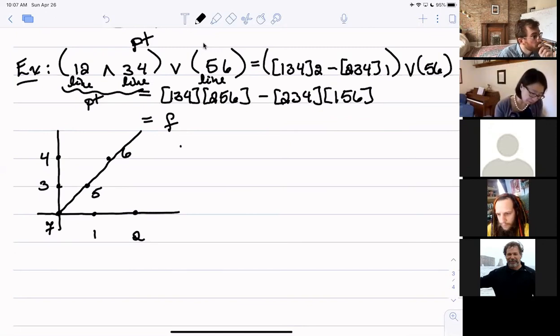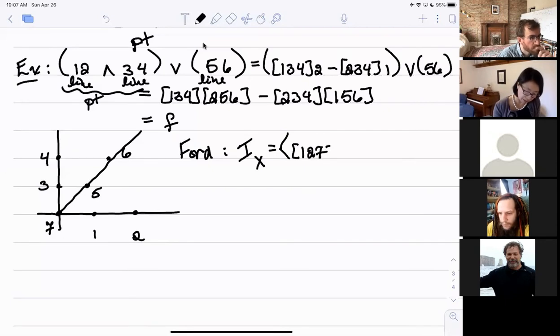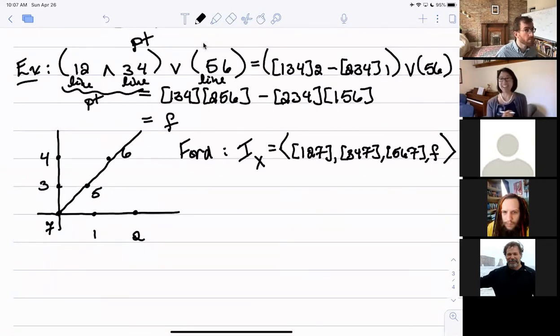So we first saw this example in a paper that came out of Nick Ford's thesis. And in that paper, it says that actually the ideal of the matroid that you get is exactly on the nose equal to the thing generated by the 3 brackets, 1, 2, 7, 3, 4, 7, 5, 6, 7, and the polynomial f. And I saw this and I was like, wow, why? I want to understand this. Because there wasn't a proof in the paper, it was just stated.